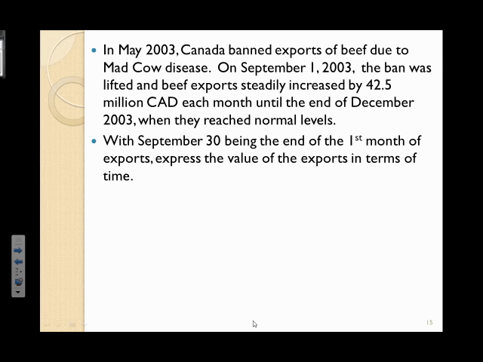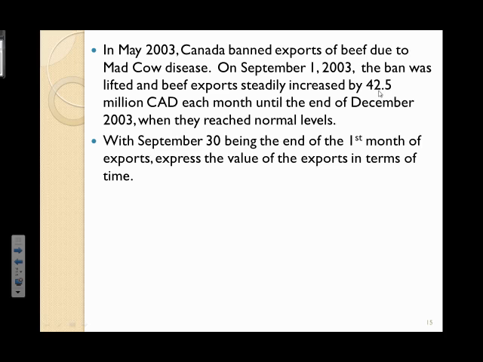Well, on September 1st, they started, right? And the exports steadily increased by 42.5 million Canadian dollars each month. So on September 1st, when they lifted the ban, by the end of the first month, the amount of exports must have been 42.5 million Canadian dollars.